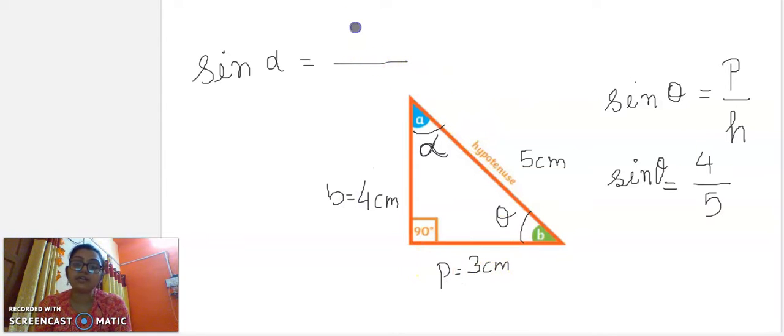So here the perpendicular will be 3 because the side opposite to the angle has to be taken as the perpendicular. And the hypotenuse will be same, that is 5. So our answer will be sine alpha is equal to 3 by 5.